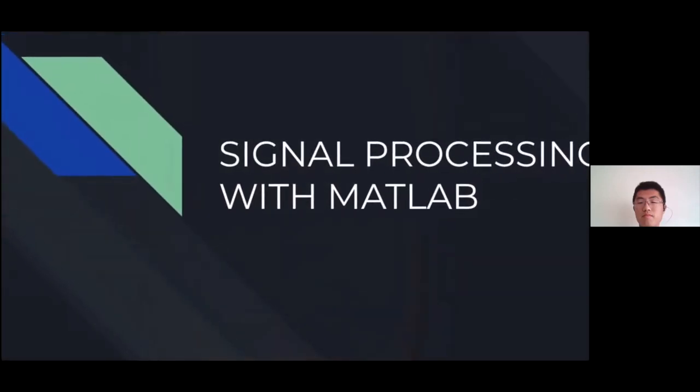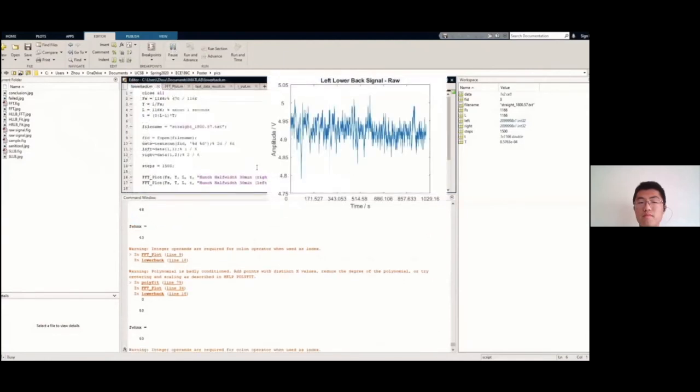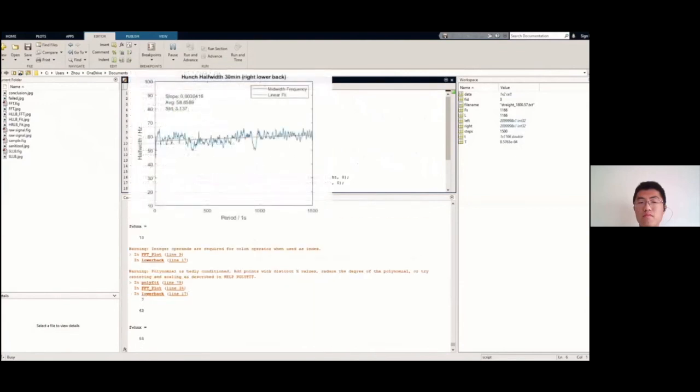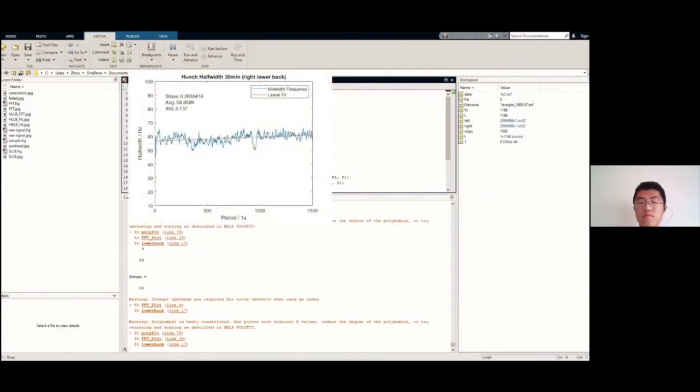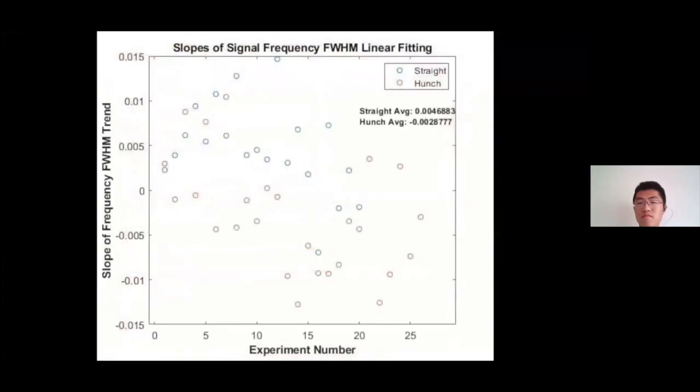The next step is about the signal processing with the MATLAB. The function of this MATLAB script is to extract data from the original text file. The fast Fourier transform results will be generated, and the full width at half maximum values will be calculated to show the shifting trend of frequency. After plot out all the slopes in one diagram, you can obviously see the fatigue level difference between two postures and make a conclusion.